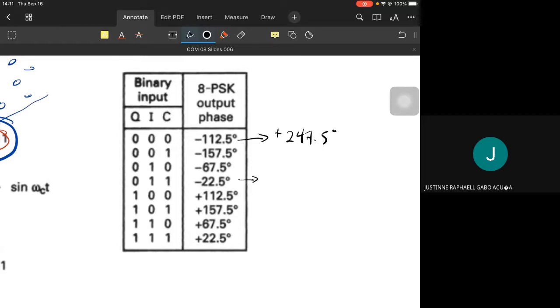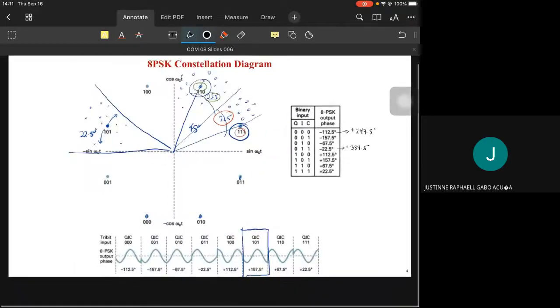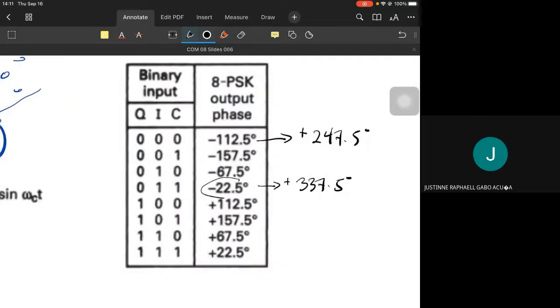But in standard position, that's supposed to be 337.5, if we want all of them to be positive angles. So this one is correct, negative 22.5.